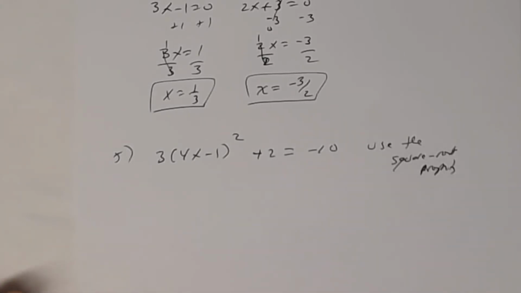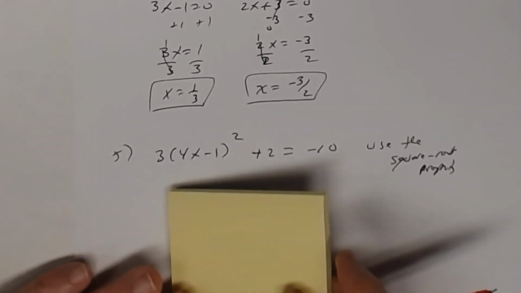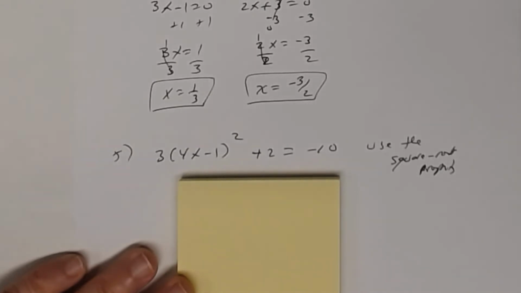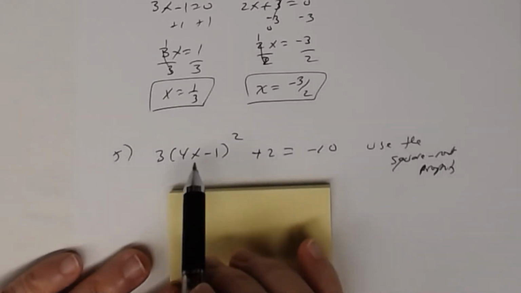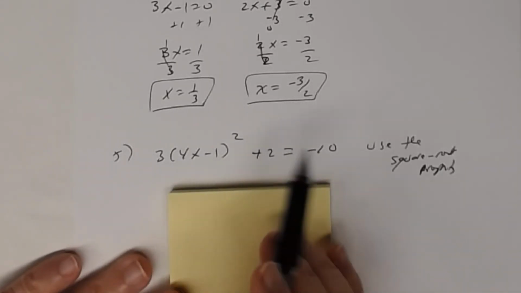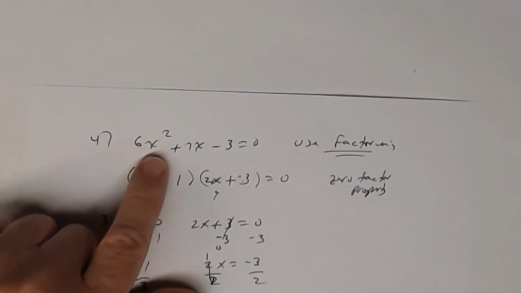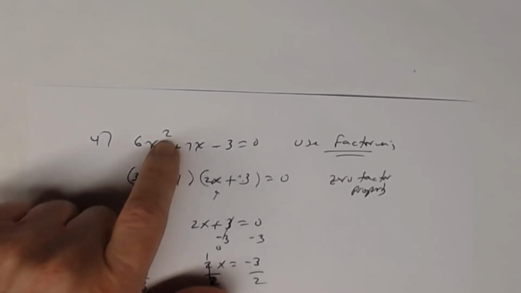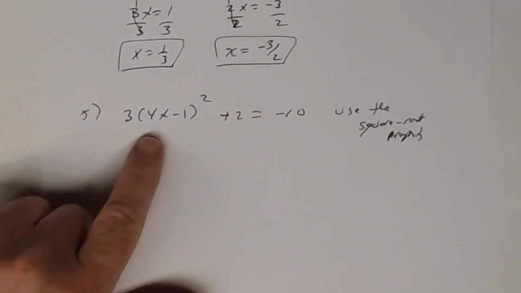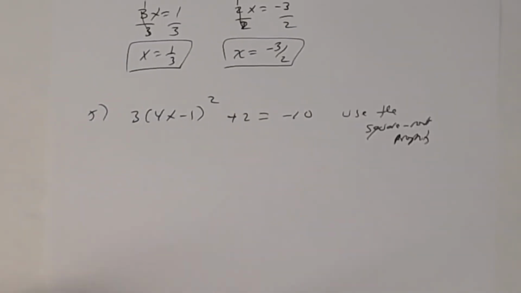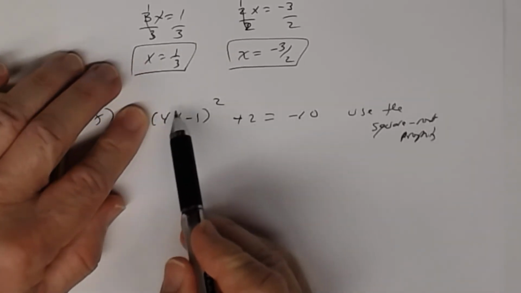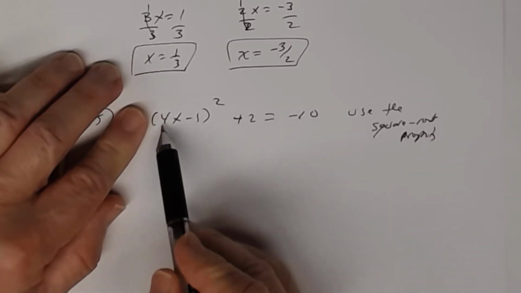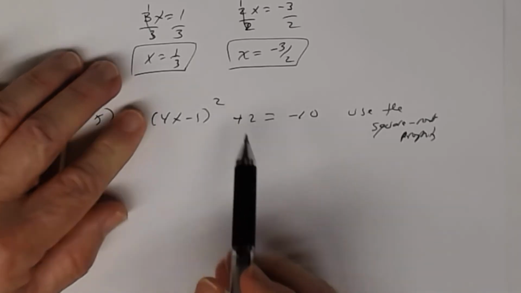And so notice when you're using the square root property, and let me see if I can use a different color here. And let me write it on here as well. So when I use that square root property, oh, and by the way, I want you to notice that this is a quadratic equation. So just like this was a quadratic equation, most students can see very easily this is quadratic because your largest exponent is 2. Some students have a little bit difficulty seeing that this is quadratic. But if you were to square, see how you have this linear expression being squared?